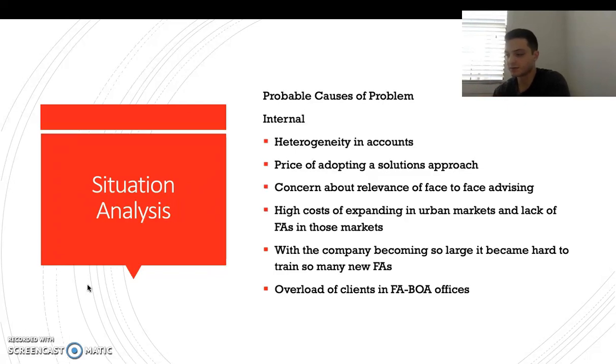They have some accounts that are 91,000, some above 1 million, and this makes it hard for them to focus on people. Then there's the price of adopting a solutions approach. This can be very high.